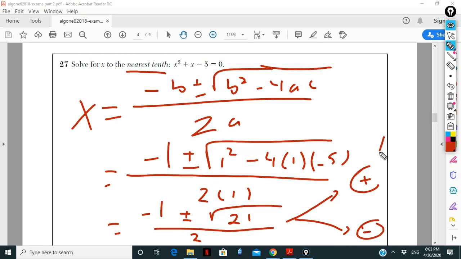So it comes to 1.79. He said to the nearest tenth, so when I round it, it's going to give me 1.8.